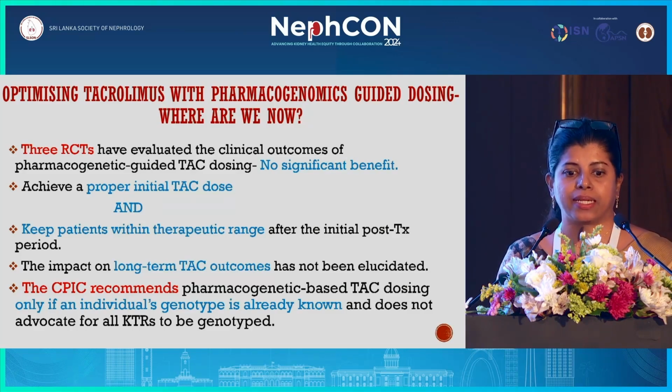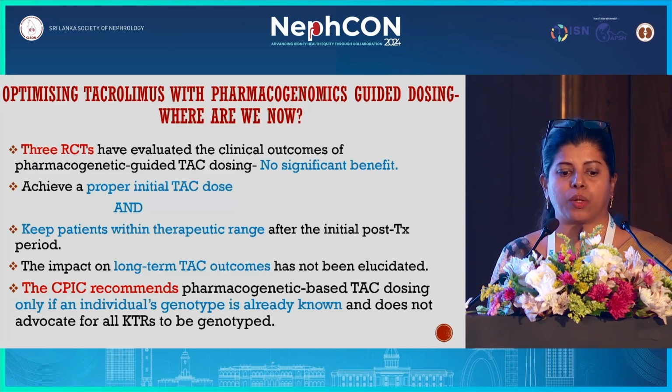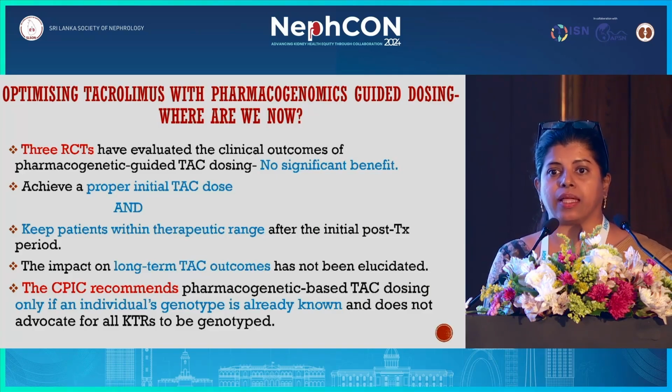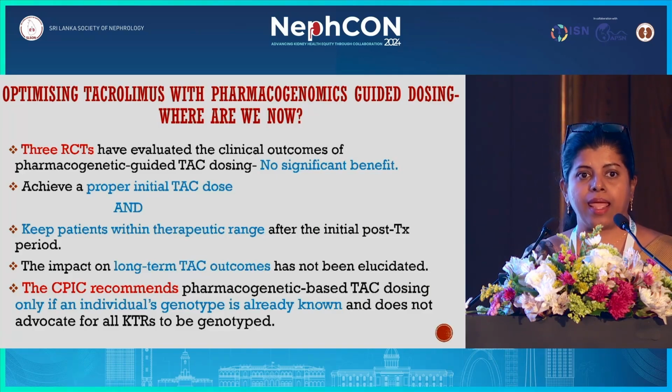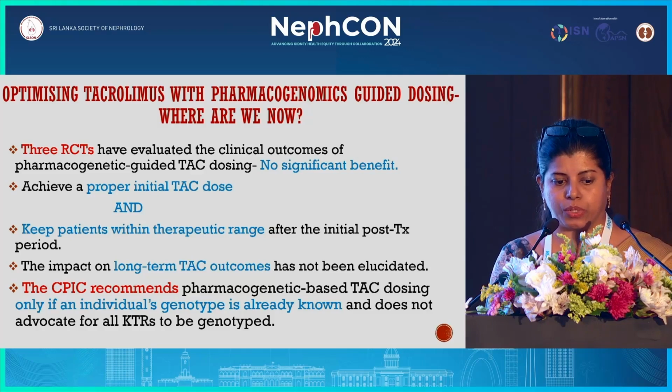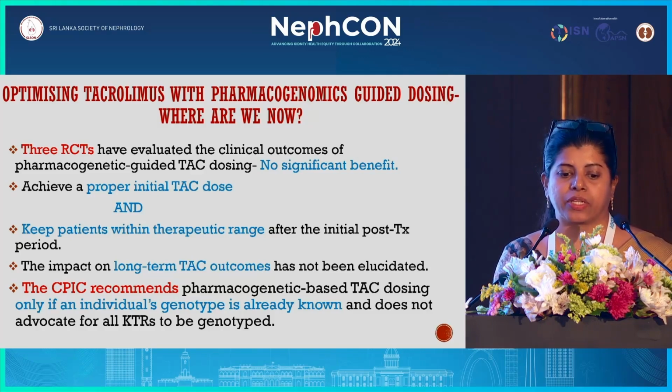But what is imperative is not just to have a proper initial TAC dose, but also to keep patients within the therapeutic range after the initial post-transplant period. And not many clinical trials have looked at the long-term impact of pharmacogenetic guided TAC doses. So the CPIC recommendation right now is not routine pharmacogenetic-based TAC dosing, only to be done if the individual's genotype is known.